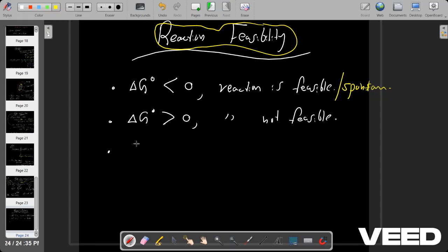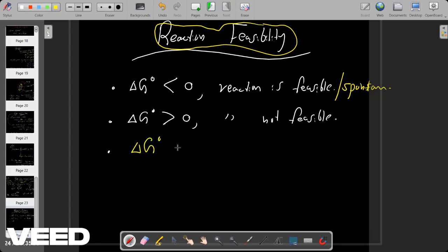If delta G is zero, what can you tell? In some syllabuses, the reaction is still feasible. Yes, if delta G is zero, it is still feasible. But here we say it is borderline.